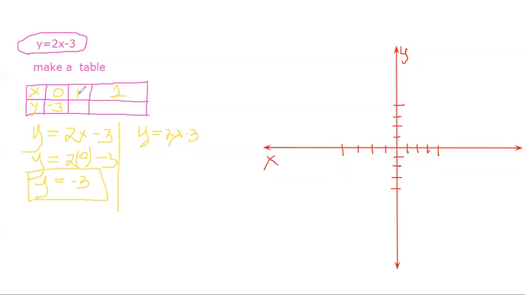And then plug in 1 sa x. So, maging y is equal to 2 times 1. Ayan. Si x, pinalitan natin ng 1 kasi sabi niya x is equal to 1. So, we're solving for y minus 3.